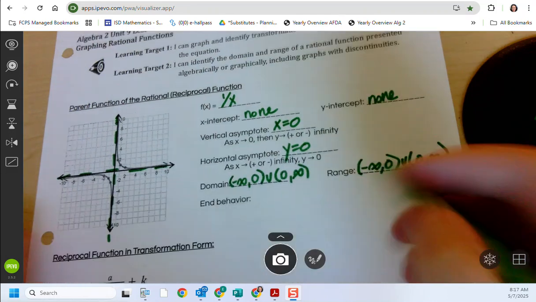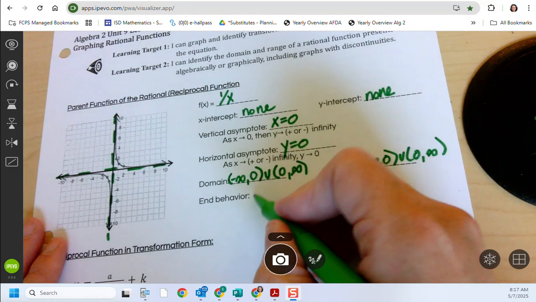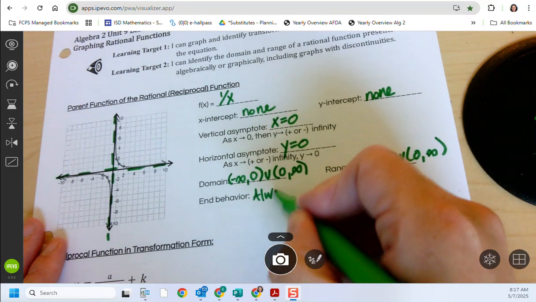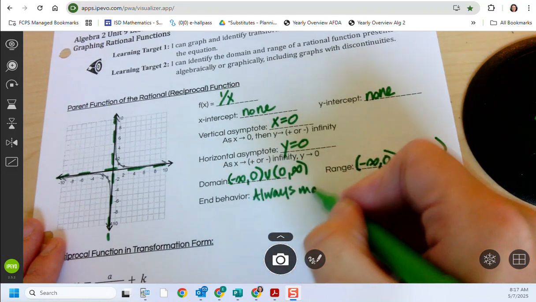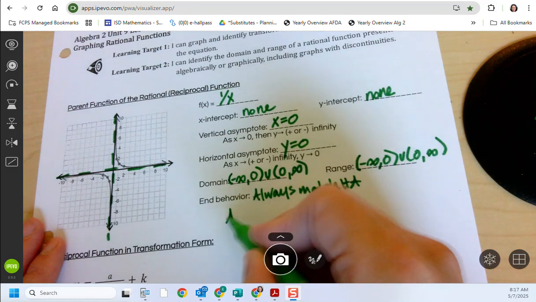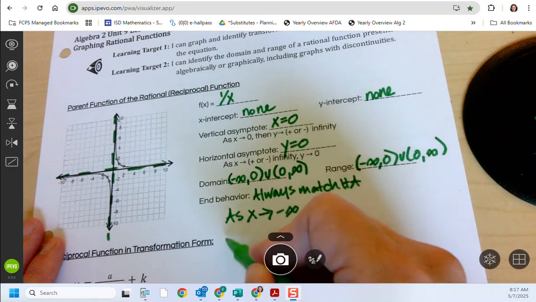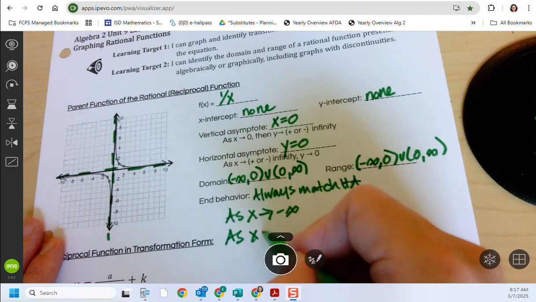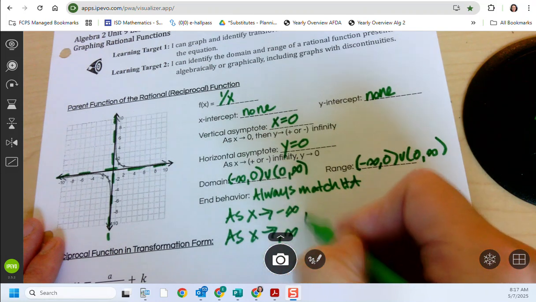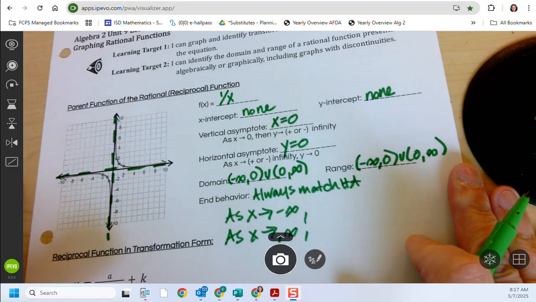All right, do remember that the end behavior will always match your horizontal asymptote. Okay, so x can still go to negative infinity and positive infinity. But in both cases, as x goes to negative infinity, the y is going to be approaching 0.